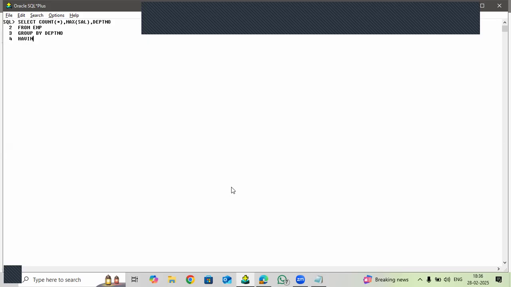So having max of sal greater than 3,000. So the maximum salary, there are 3 employees who are getting salary greater than 3,000.